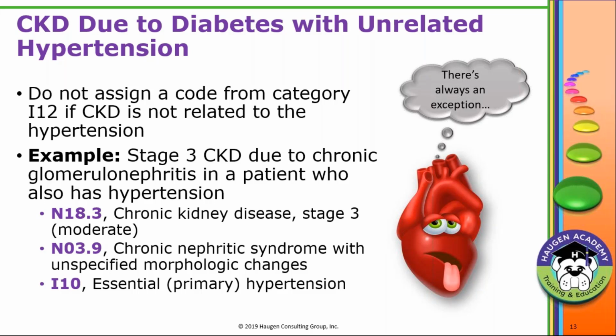So the chronic glomerulonephritis would be assigned N03.9. It is not one of the codes listed under hypertensive CKD, and we're coding the end-stage renal disease and the hypertension separately.